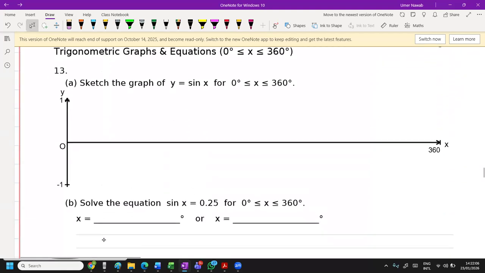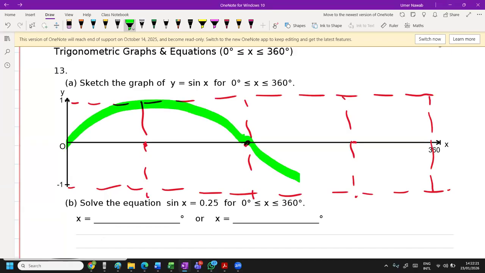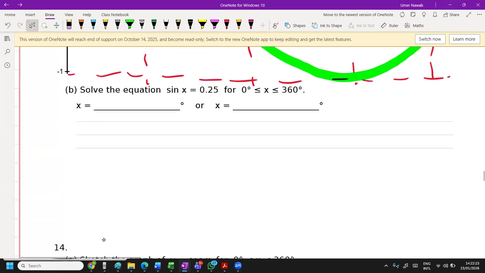Next, sine graph. Again, y is equal to 1, y is equal to minus 1. Complete the grid. Sine graph is like a wave. Now, sine of x is 0.25.